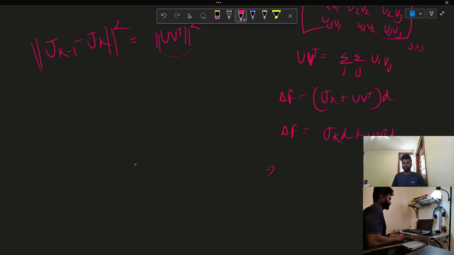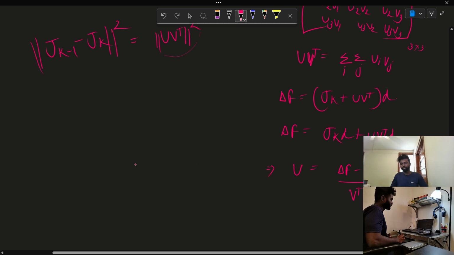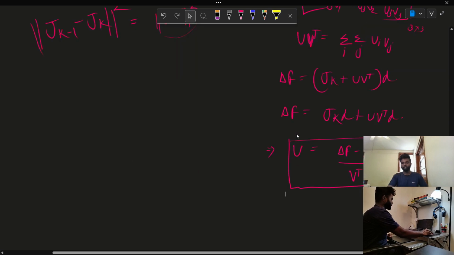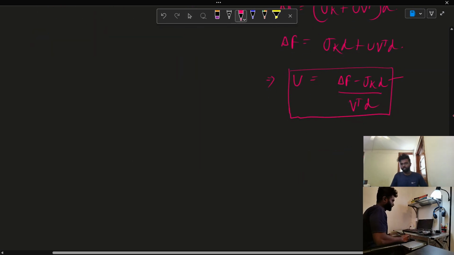If you expand this, delta f is equal to J_k d plus u v transpose d. Now to get the value of u, u is equal to delta f minus J_k d divided by v transpose d. So you got the value of u in terms of d. Now let's convert it into a simpler form. Let's take this as h, some vector. So h divided by this, which you can write in summation form as the summation of v_i d_i. So we got u in terms of v.